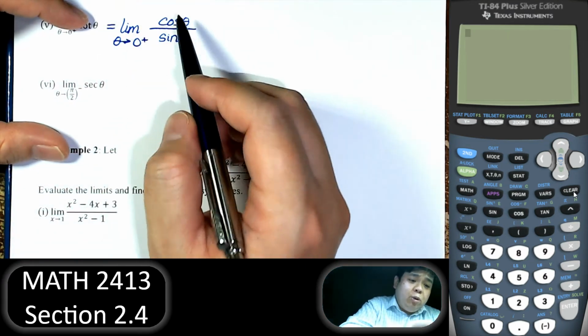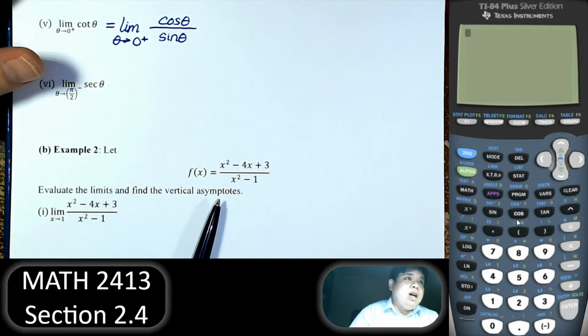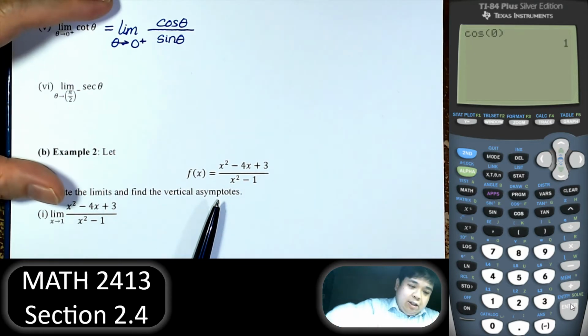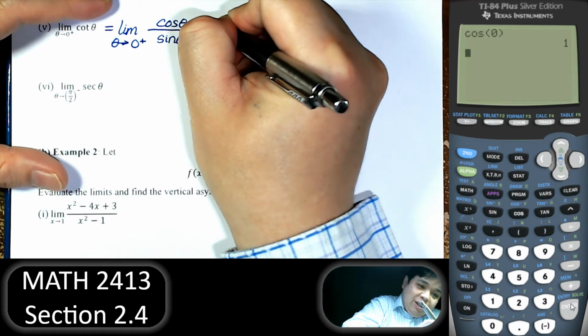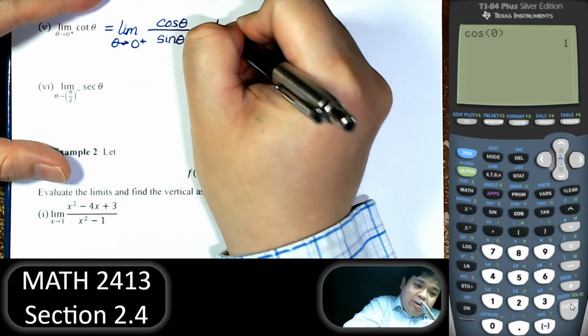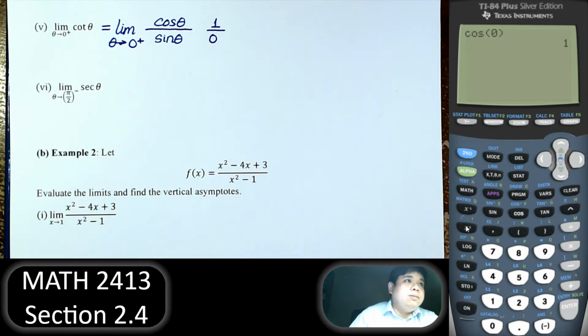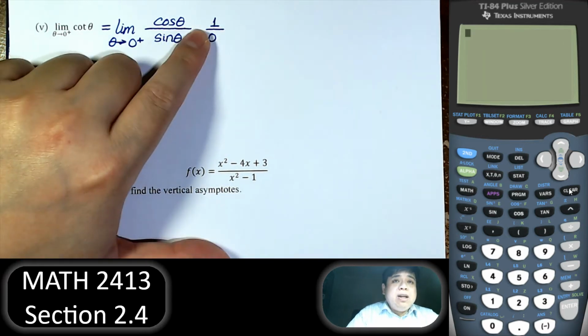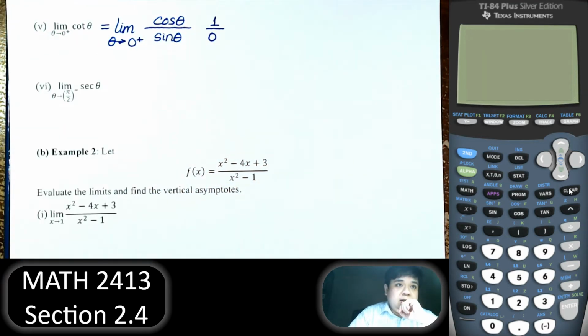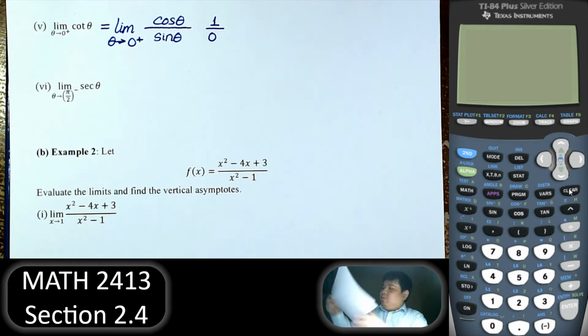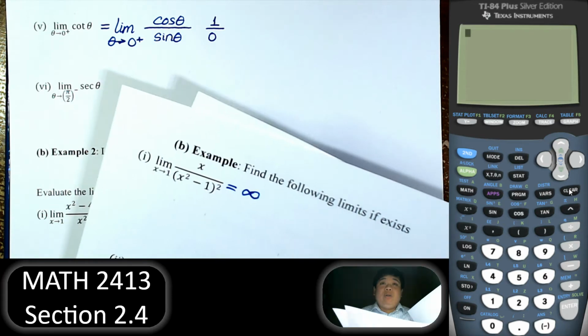Right, so put in 0, what happened? Cosine of 0 is 1, and sine of 0 is 0. Now, let me be more precise when we talk about not worrying about this.